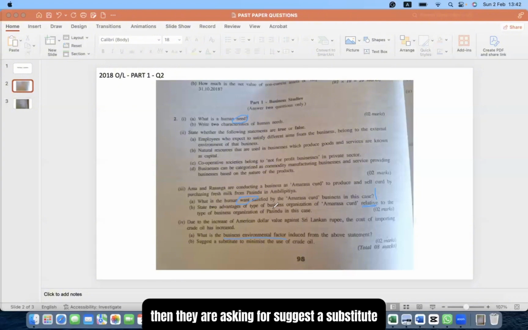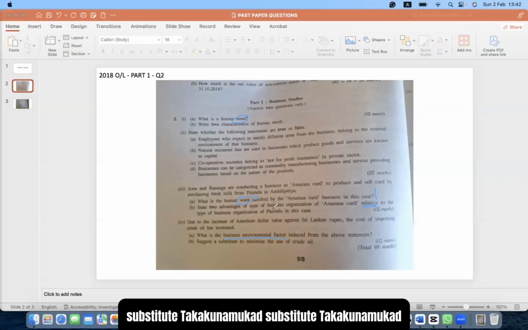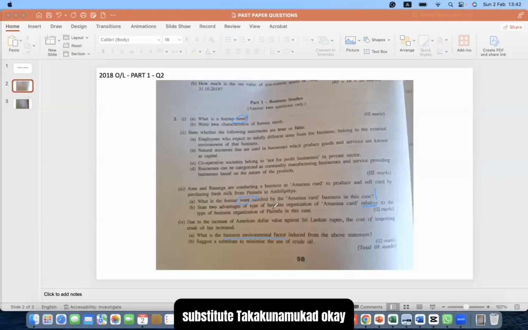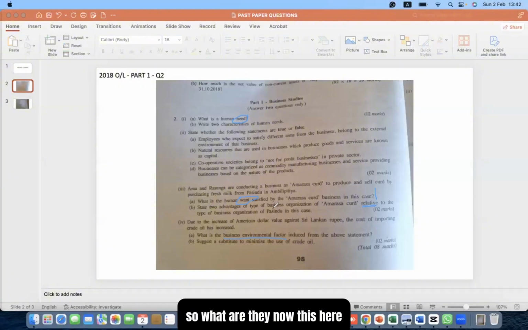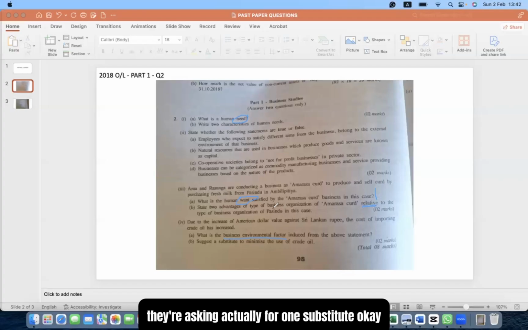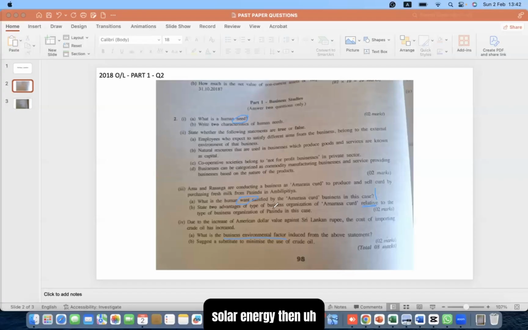Then they're asking for suggest a substitute. Substitute එකක් කියන්නේ මොකක්ද? Substitute එක කියන්නේ අපිට දැන් crude oil වෙනුවට ගන්න පුළුවන් වෙනත් දෙයක්. Okay. Suggest a substitute to minimize the use of crude oil. So what are they? Now here they're asking actually for one substitute. Okay. You can simply give solar panels. Okay. Solar energy.